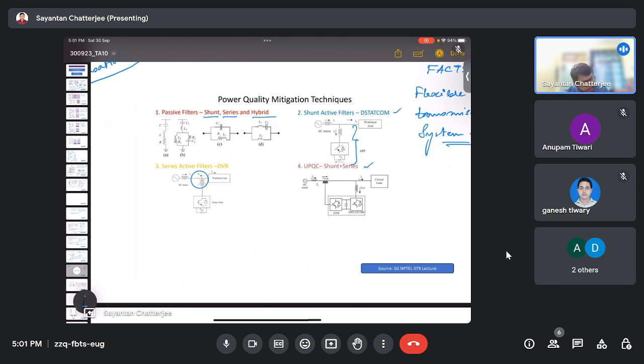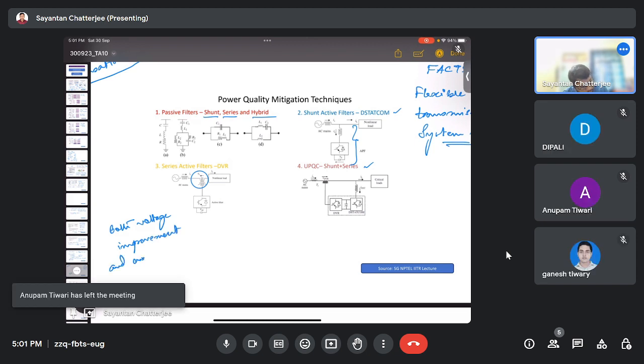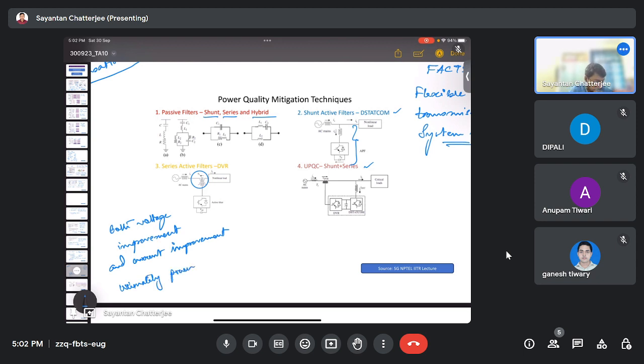So by improving both voltage improvement and current improvement, ultimately power improvement can be done.